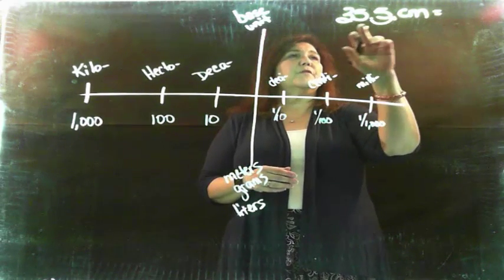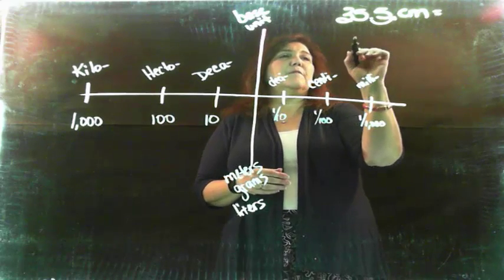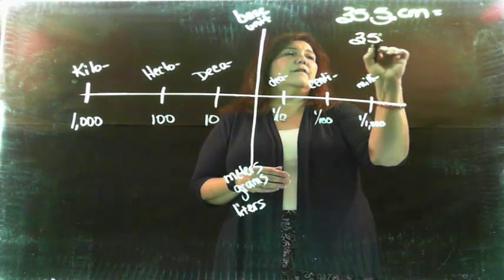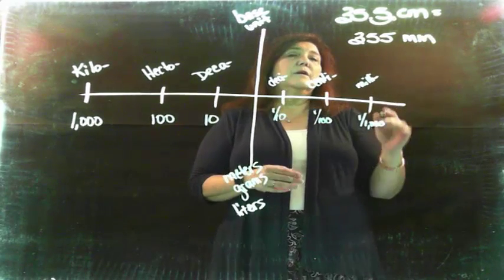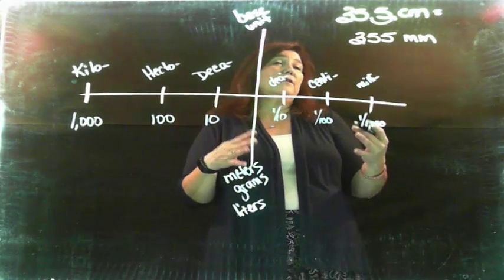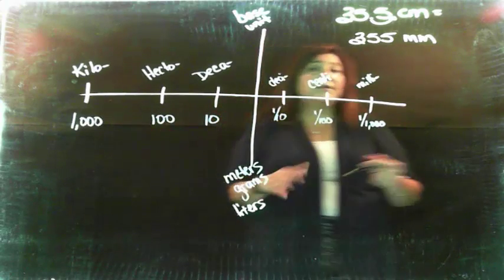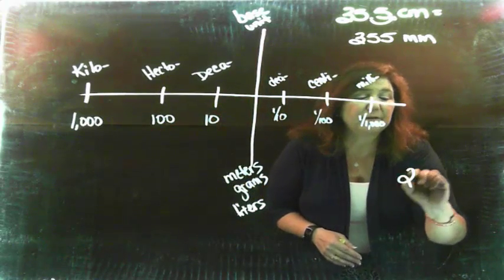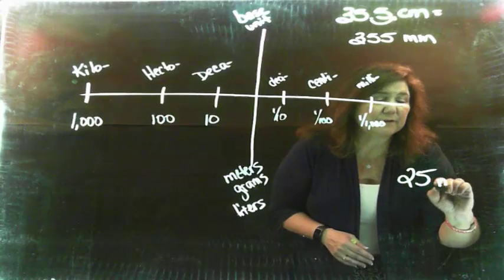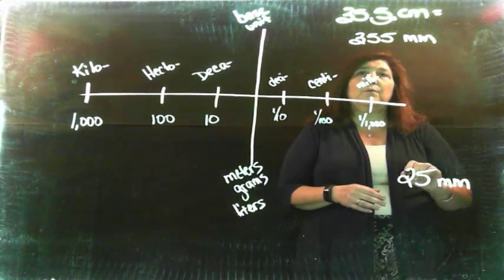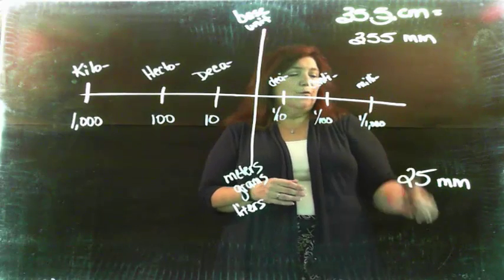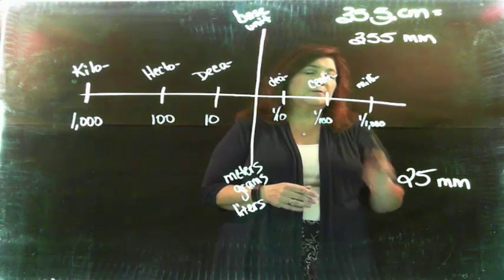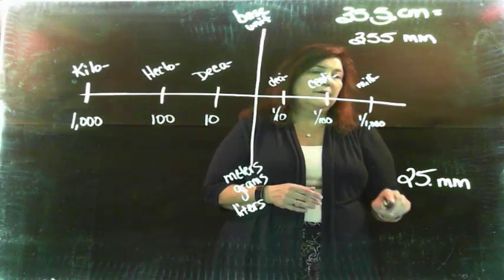So now I can say that my 35.5 centimeters is the same thing as 355 millimeters. And we can do the same thing going back. We started out with an incision that was 25 millimeters in length, and we needed to know how many centimeters that was. When we have a whole number, my decimal place is always right here at the end.